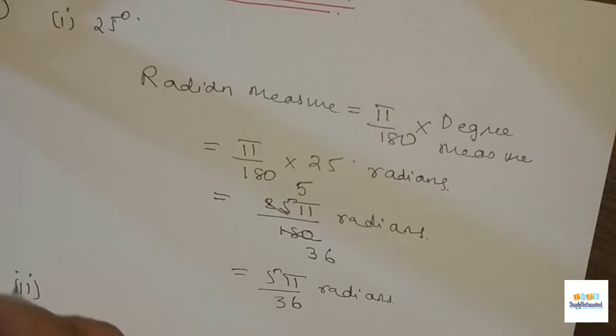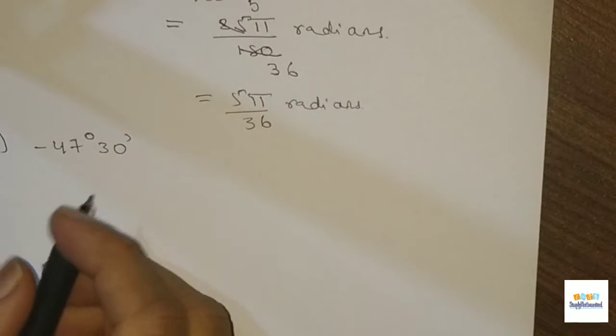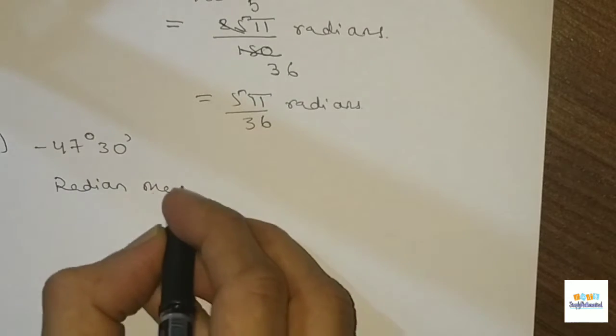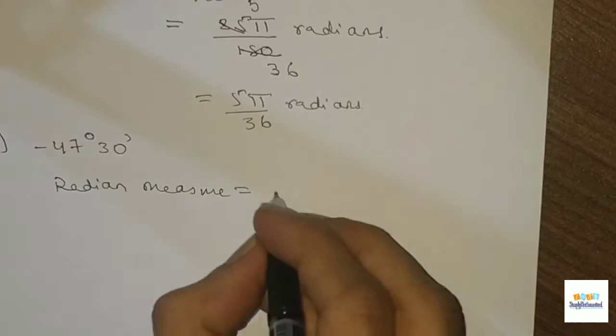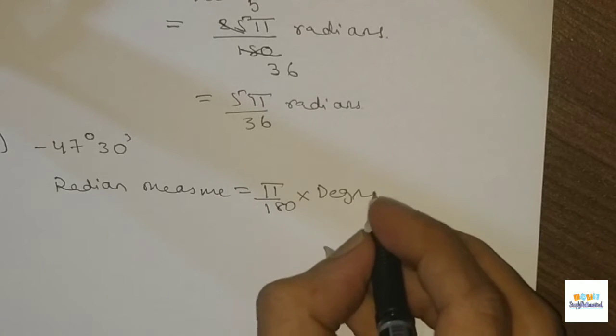Second one is minus 47 degree 30 minutes. Okay, this we have to convert into the radian measure. So radian measure is equal to pi by 180 multiplied by degree measure.